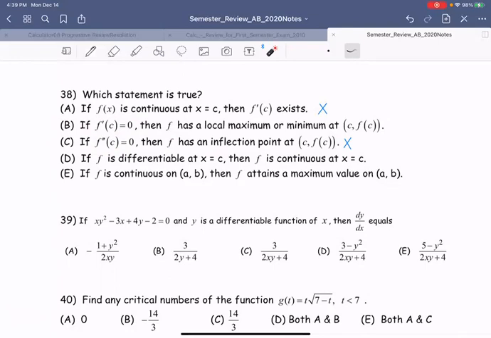If f is differentiable at x equals c, then f is continuous. Yes. If it's differentiable, then it has to be continuous at that location. Differentiable is very hard to meet.